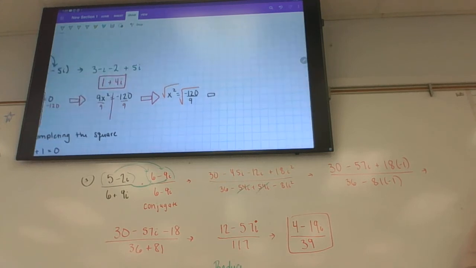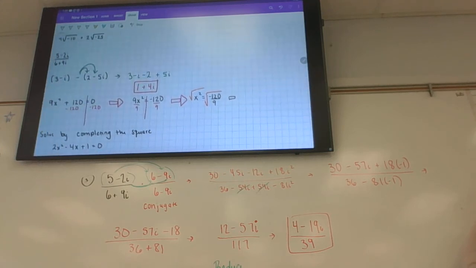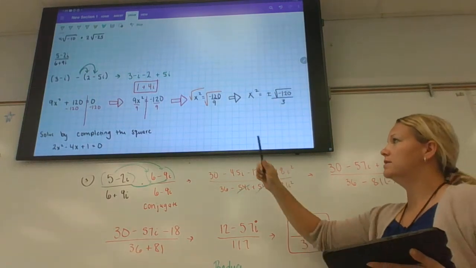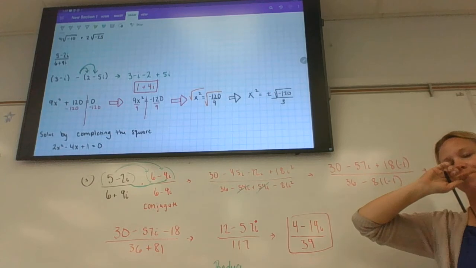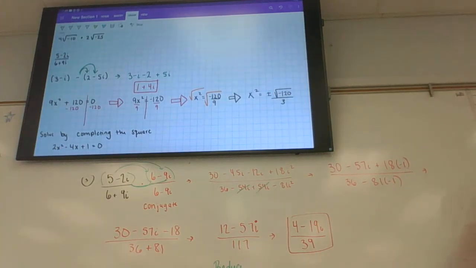And I would get x squared is plus or minus 120. Well, actually, I'm going to make that a 3. The square root of 9 is 3. And then we have to break down 120.